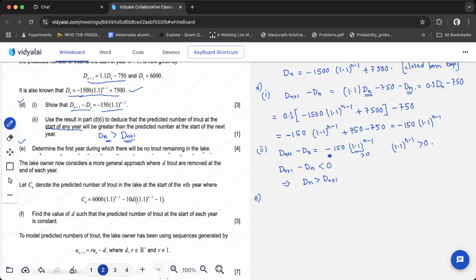We are basically looking for that dn where there is still some trout fish, but dn plus 1 where we do not have any trout fish. So dn is greater than 0 and dn plus 1 is less than or equal to 0, where n is greater than 1, some integer.